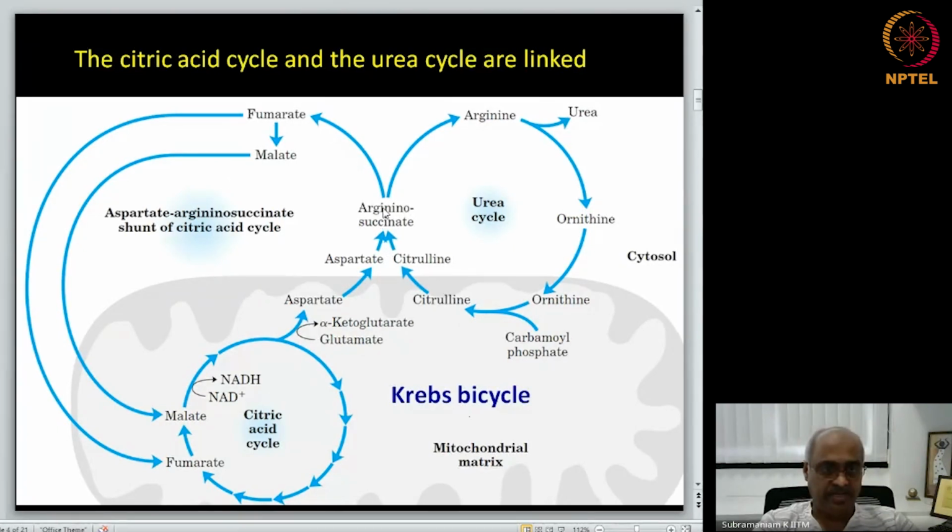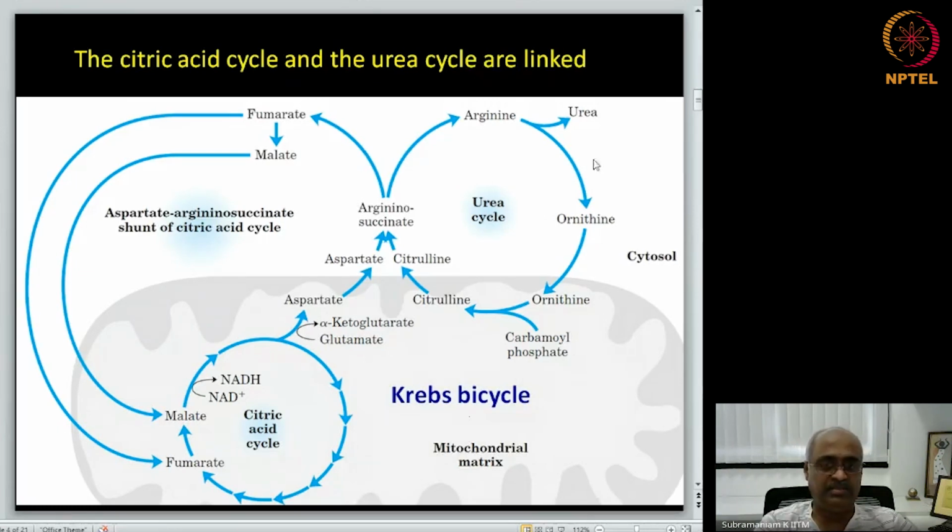When the carbon skeleton of aspartate is cleaved off as fumarate, this fumarate can be converted into malate by the same type of reaction that happens in the TCA cycle, which is in the mitochondria, but here it is going to be in the cytosol. A similar isoenzyme present in cytosol does that. And both of these can enter at two different places in the TCA cycle. That is how, via this aspartate arginosuccinate shunt, shunt meaning a side track of the main path.